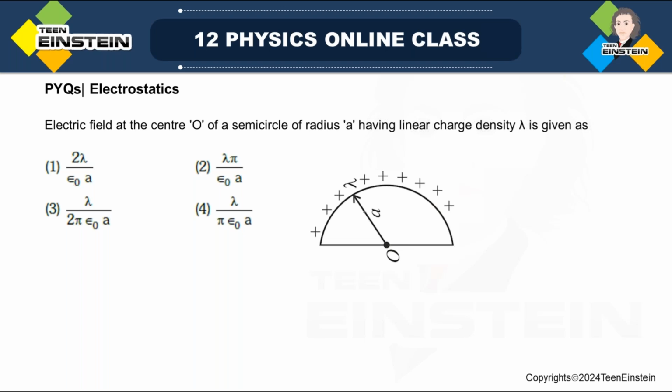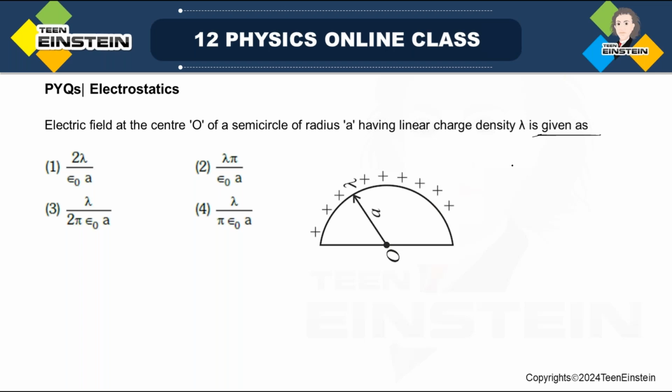If you just remember a formula, that will help you to find the electric field due to a semicircular or any kind of arc. For any kind of arc, the electric field produced at the center.